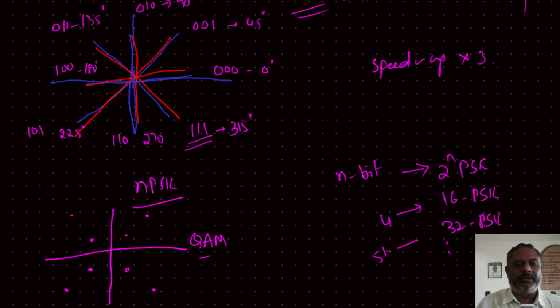So here we need to make sure that accurate phase shift can be introduced at the transmission side and the receiving side. You should have the proper equipment to accurately identify how much is the phase shift.